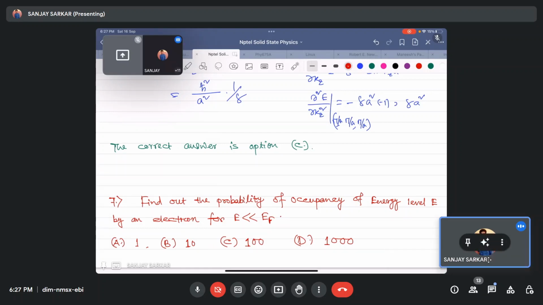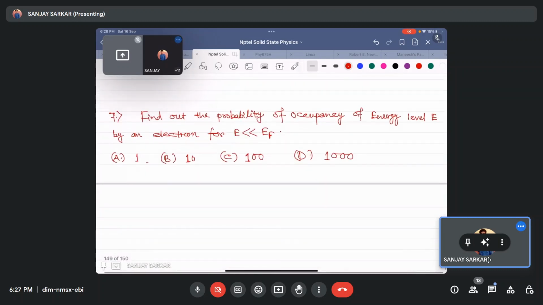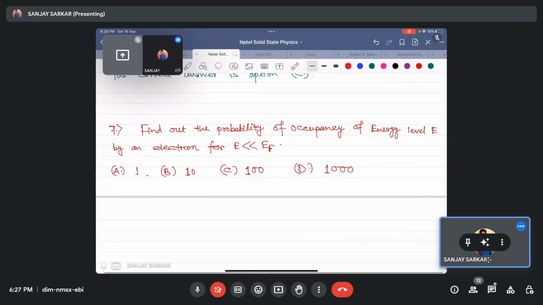Yes, it is 100%, but that means occupancy is 1. So the correct option will be 1, but in terms of percentage it is 100%. So how will you calculate it?